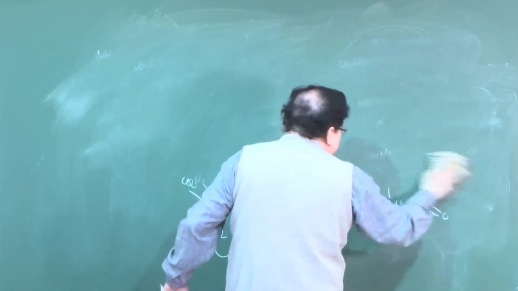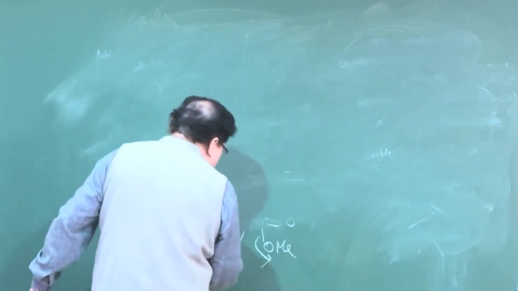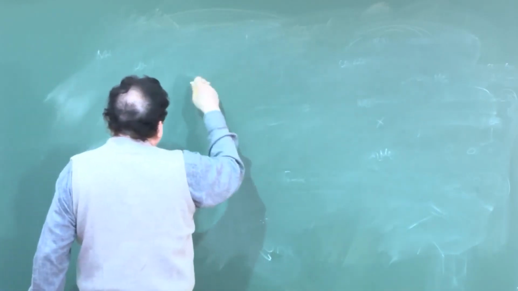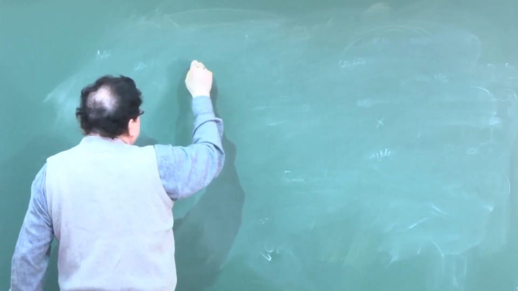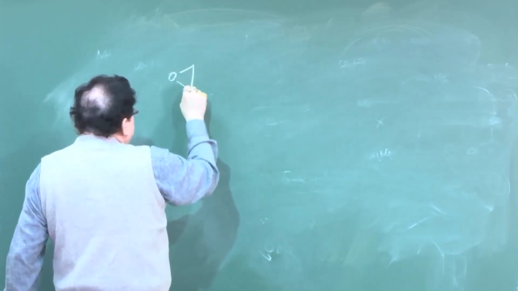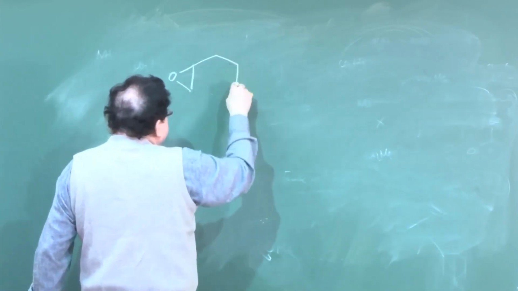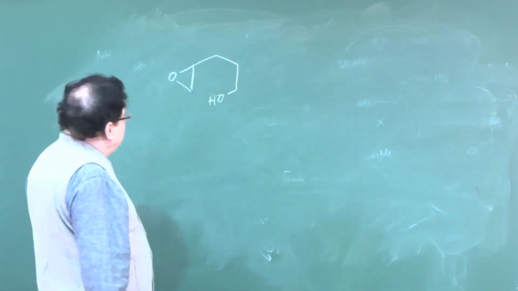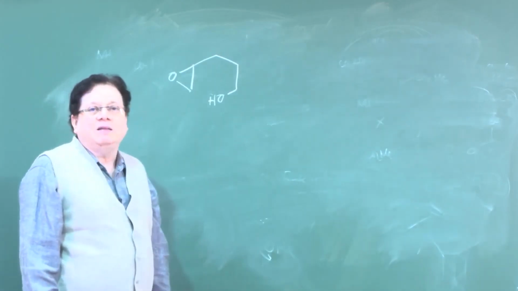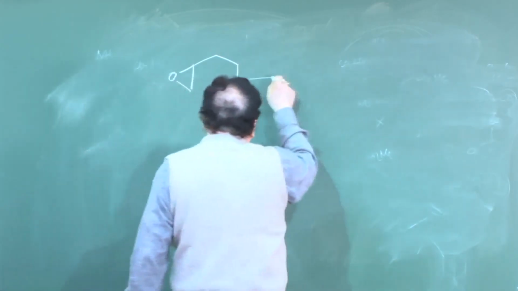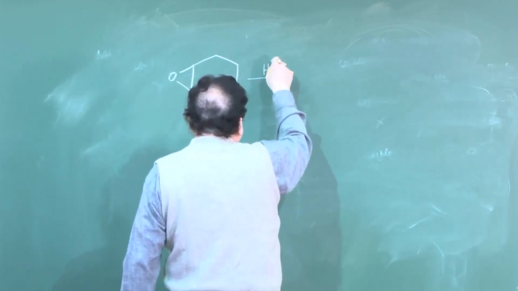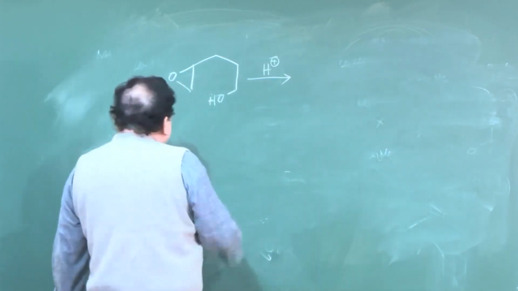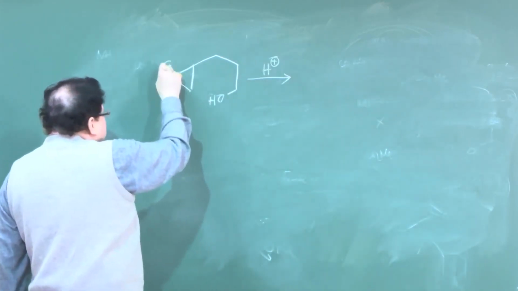Now, one interesting point as well as very important, that is opening of the epoxide ring. Suppose you have this, because that is where students face problems. If you have an epoxy alcohol like this, and if you want to do a cyclization by adding acid, this will be protonated now.